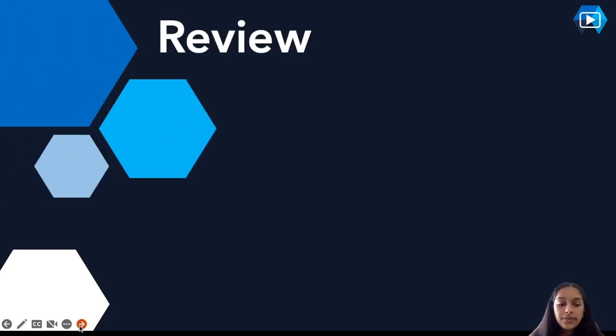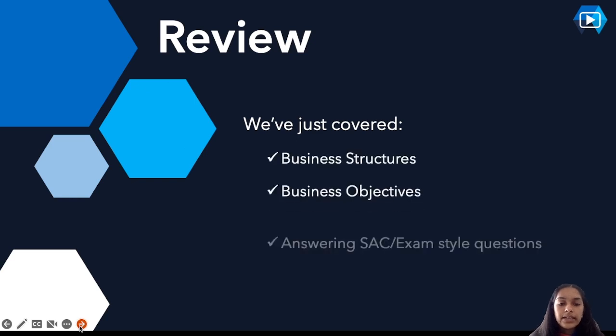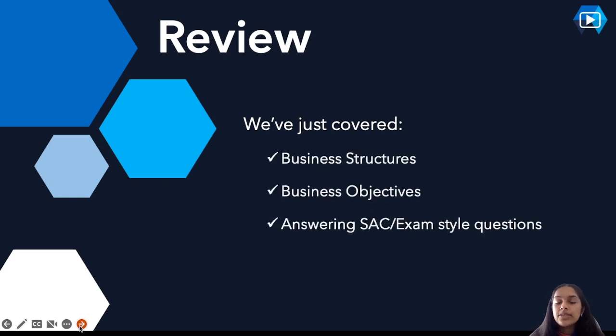Amazing. Okay, so that essentially brings us to the end of this course video. If we are just to review what we have covered: the different business structures, including sole trader, partnership, private listed companies, public listed companies, as well as social enterprises and government business enterprises.